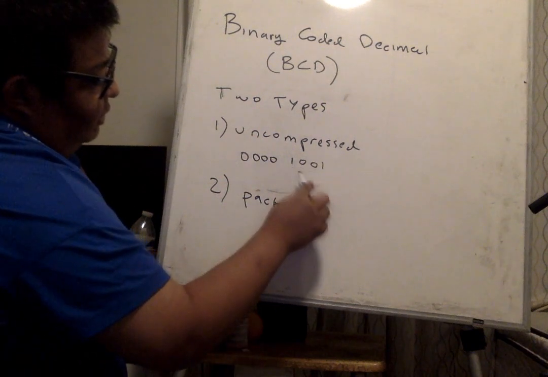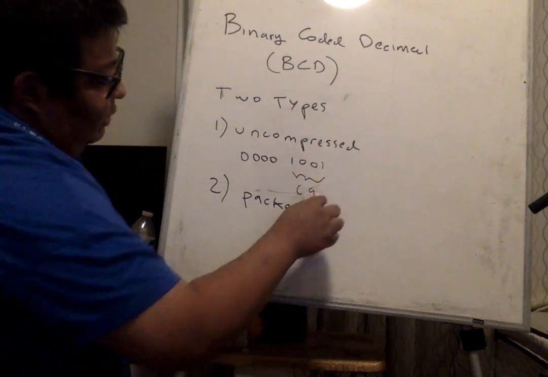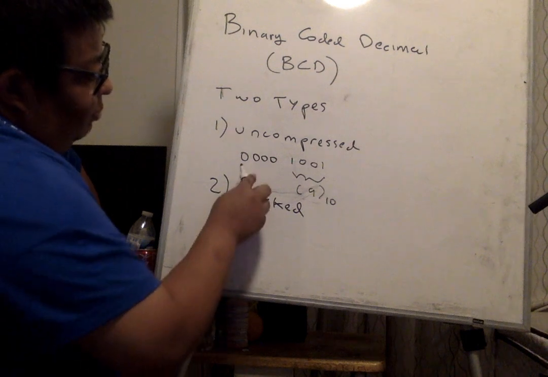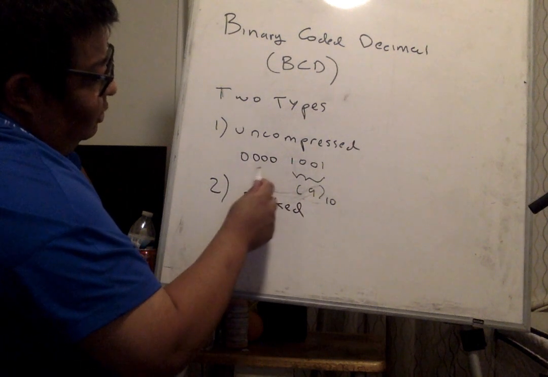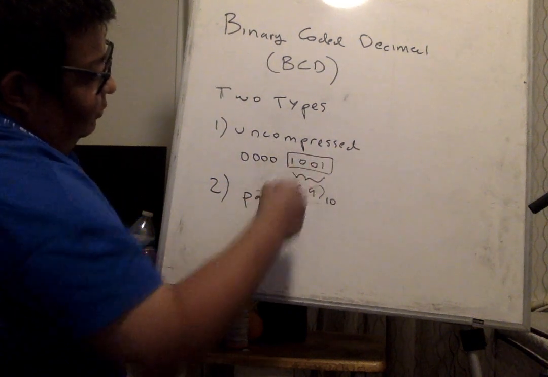This here is the number 9 in decimal. But see, in uncompressed we have an extra part. Regular binary would only show you this one here.